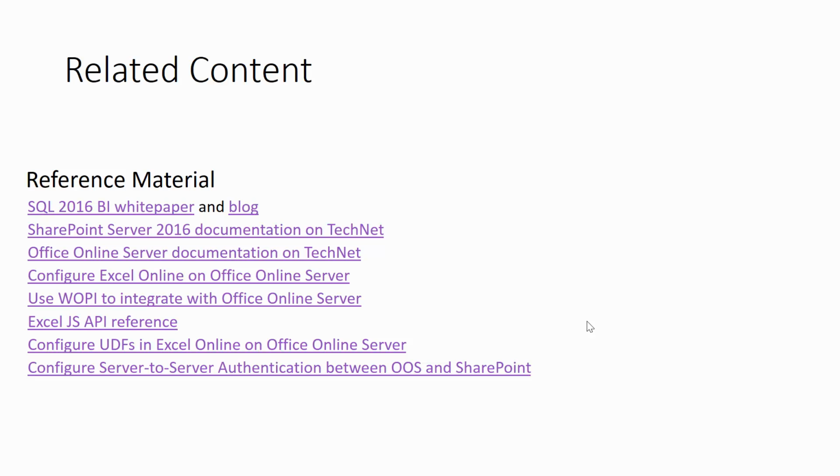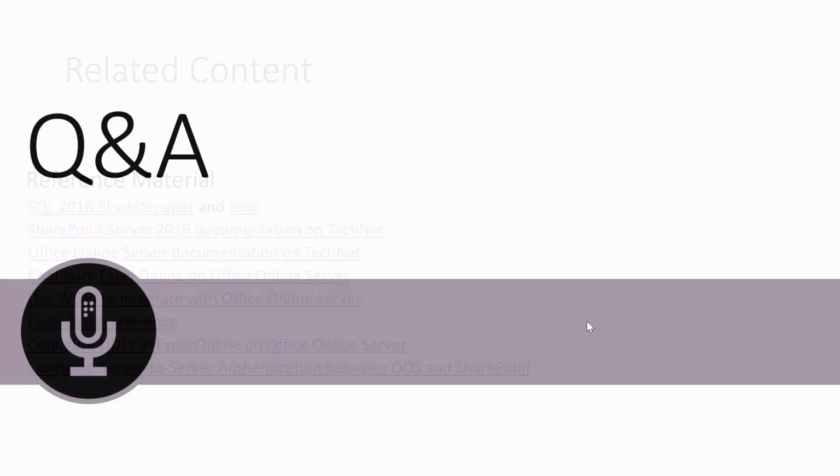There is a slide on related content, and I very much advise those of you who are interested in details about the changes, about the Microsoft BI stack in general, to visit these links. Notably, the SQL 2016 BI white paper has a lot of relevant and useful material, so very much advisable.